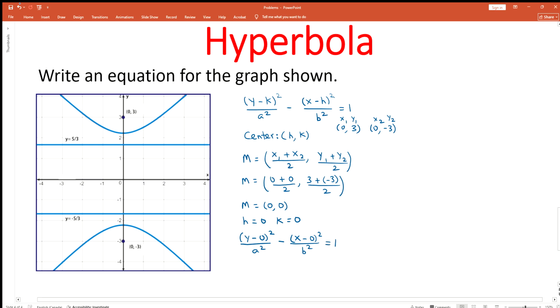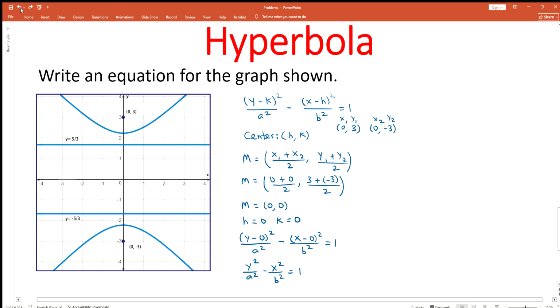We can simplify this equation. y minus 0 is y, so we get y squared over a squared minus x squared over b squared equals 1. Now we have to find the values of a squared and b squared. For that, we should analyze the given foci points.